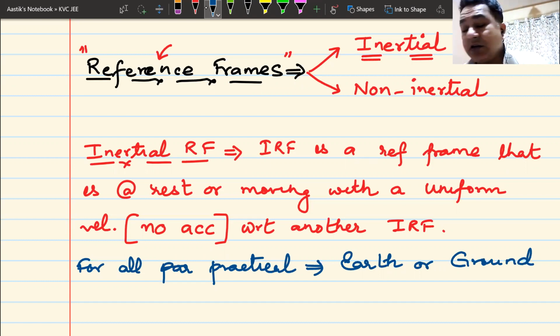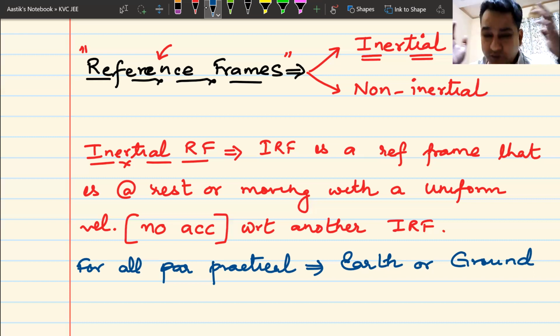If we take earth as an inertial reference frame, any body or object which is at rest with respect to earth, or which is moving with a constant velocity with respect to earth, is an inertial reference frame. So for example, if I am sitting not moving, I am an inertial reference frame because I am not moving with respect to earth.